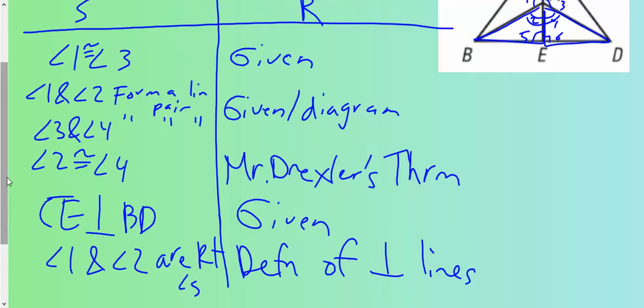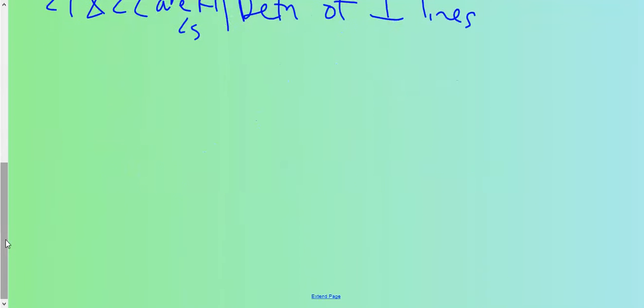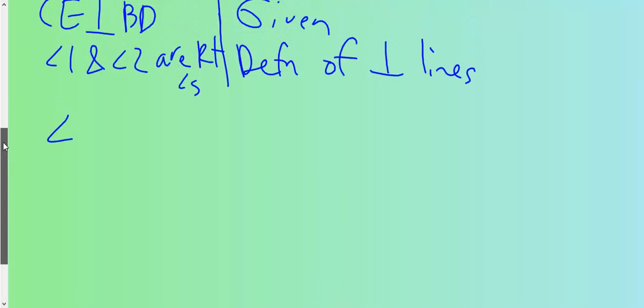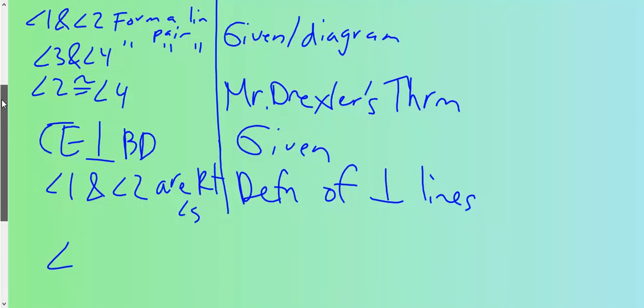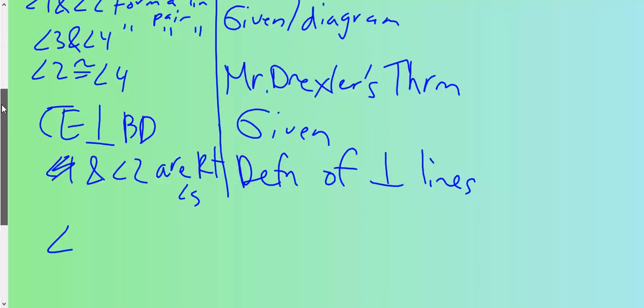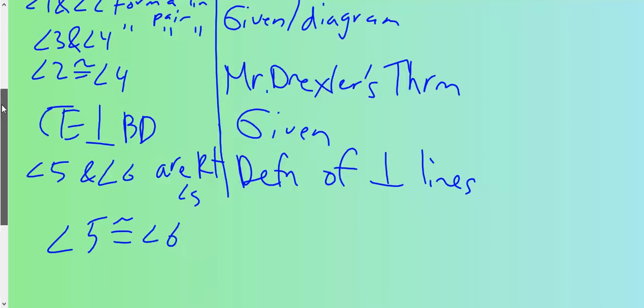And then as a result, angle 5 is congruent to angle 6. Sorry, I mislabeled those at first. That's the right angles congruency theorem. First I stated that they were right, then I stated that they're congruent.